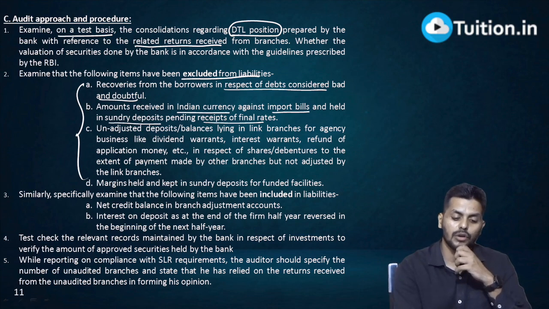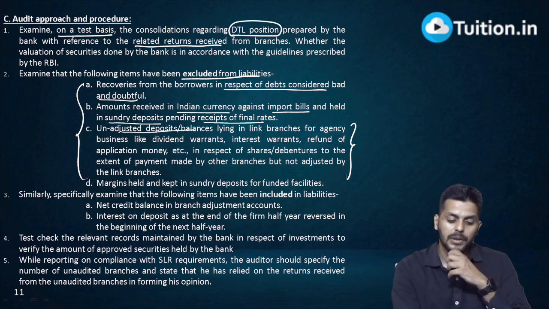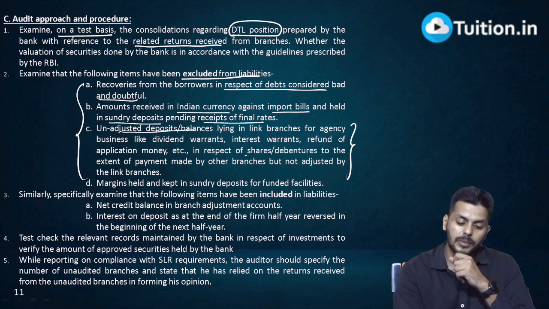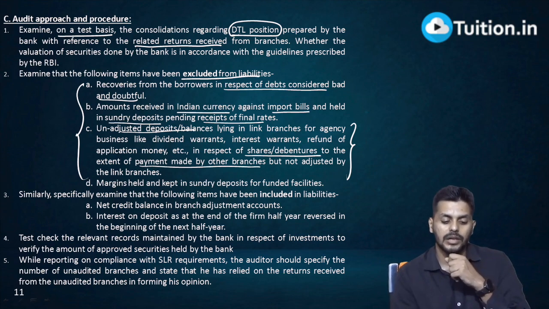Unadjusted deposits or balances lying in linked branches for agency business like dividend warrants, interest warrants, refund of application, etc. in respect of shares or debentures, to the extent of payment made by other branches but not adjusted by the link branches.